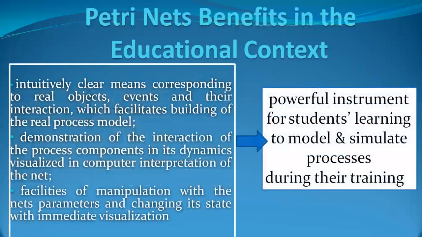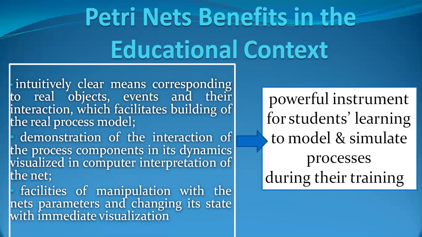The main features of Petri nets demonstrate their core advantages to be effectively used for modeling of parallel and consequent processes. In the educational context, we would like to emphasize some essential Petri net benefits. The formalism has intuitively clear means corresponding to real objects, events, and their interaction, which facilitates building of the real process model.